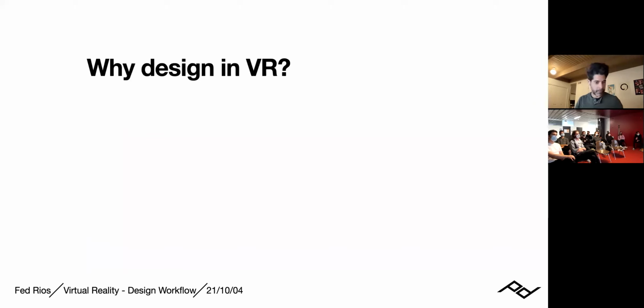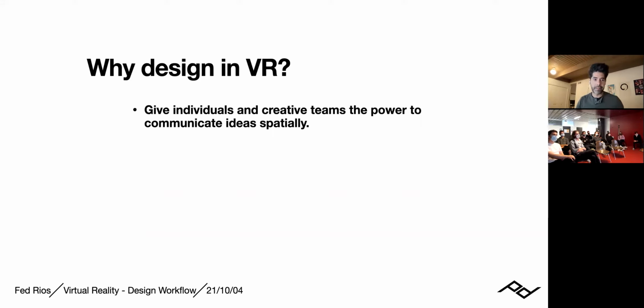So I want to talk a little bit about why this is a good thing. The biggest is that it gives individuals the power to communicate ideas in space. This is instantaneous. Once you put on your headset, you create things in 3D from day one, immediately. You get instant visual results.